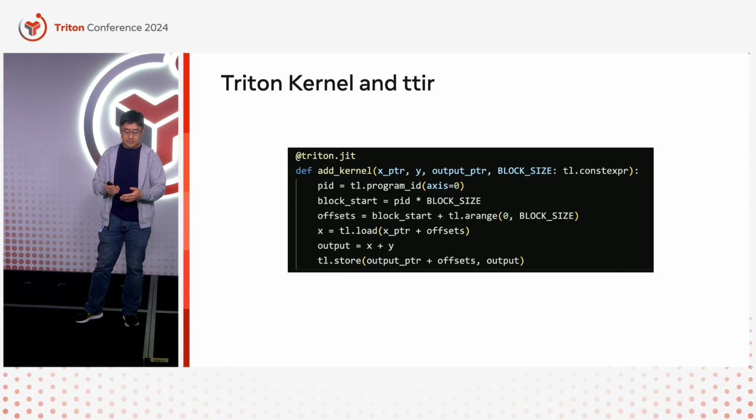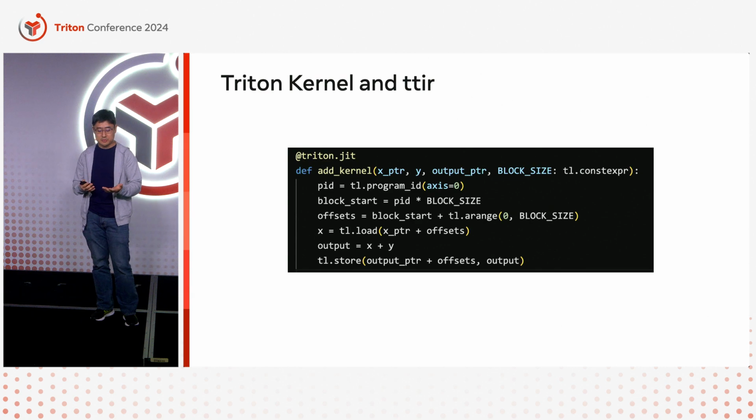To load the data, we add the base pointer, x pointer, with the per-element offset. That creates a tensor of pointers, and from that we can load the data. To actually perform the arithmetic operation, we simply say x plus y, and what we're doing here is adding a vector of block size with a scalar value that produces our output, and we're writing that back into memory.